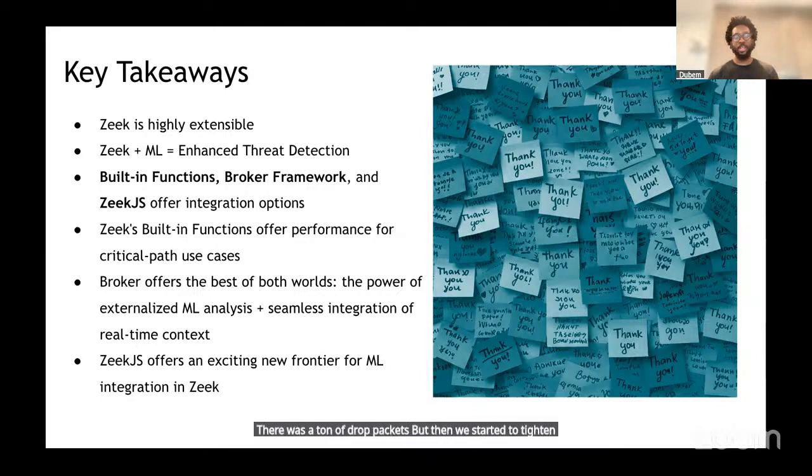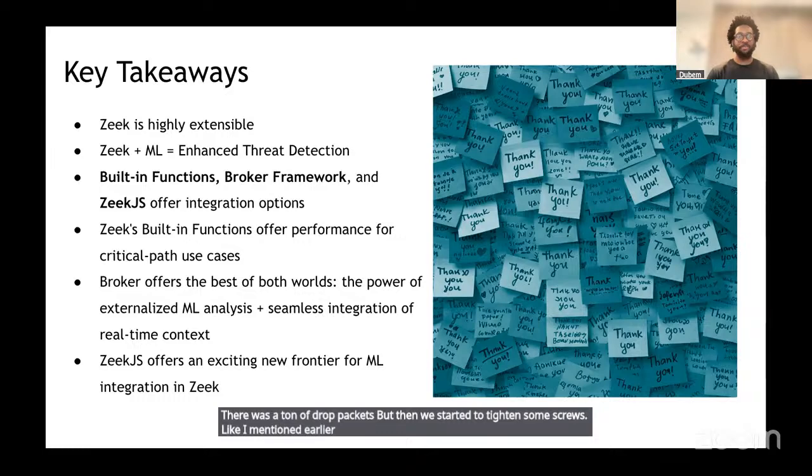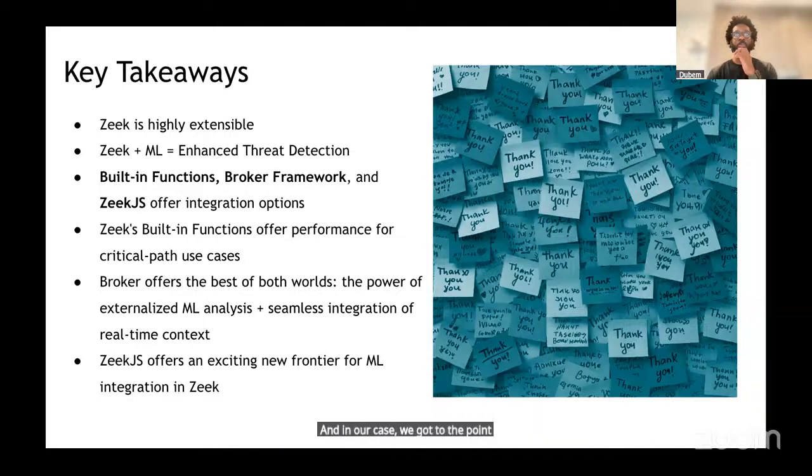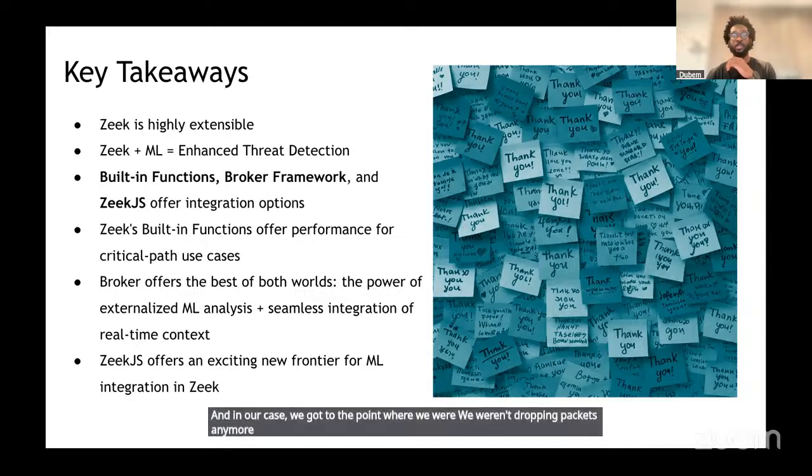Like I mentioned earlier, if you have the right caching in place on the Zeek side, and if you have batching in place, there are a few things you could do to optimize the way this runs. In our case, we got to the point where we weren't dropping packets anymore, and we were still doing a ton of model inferencing.